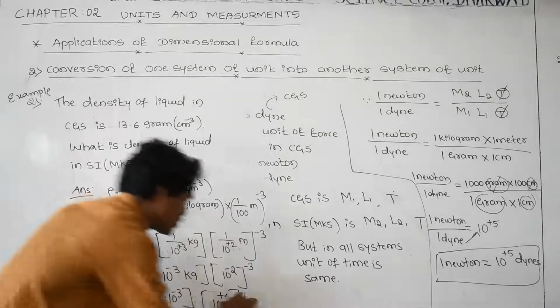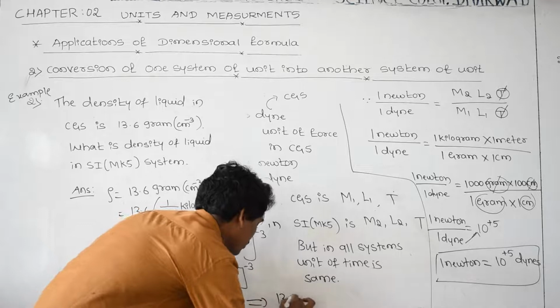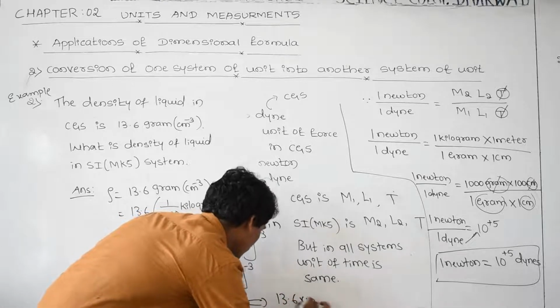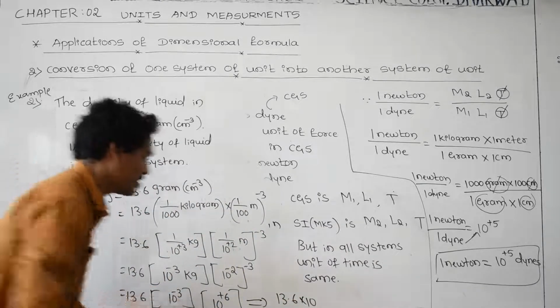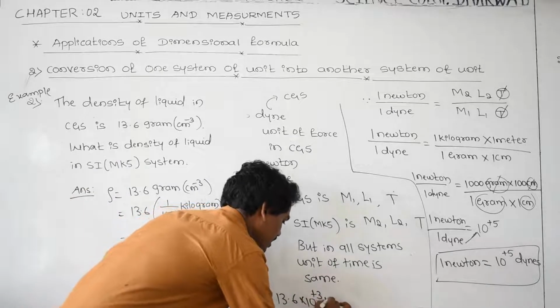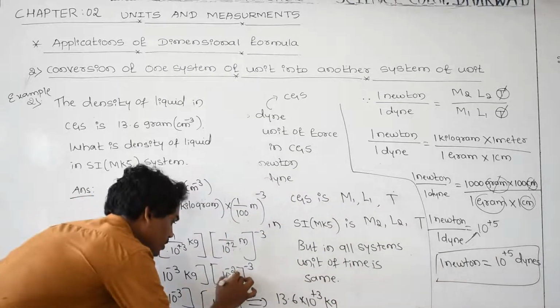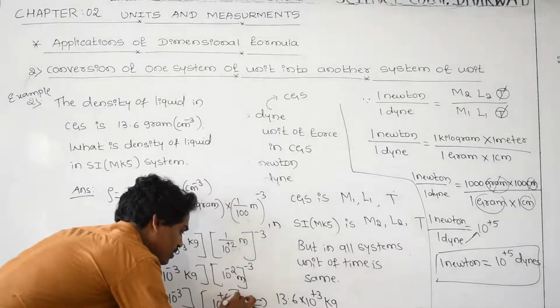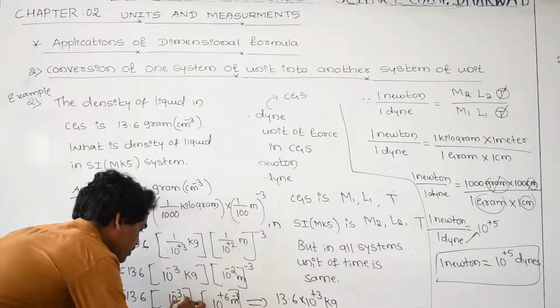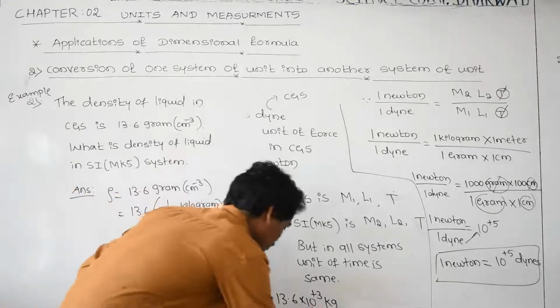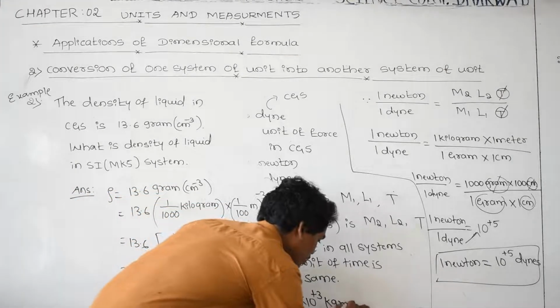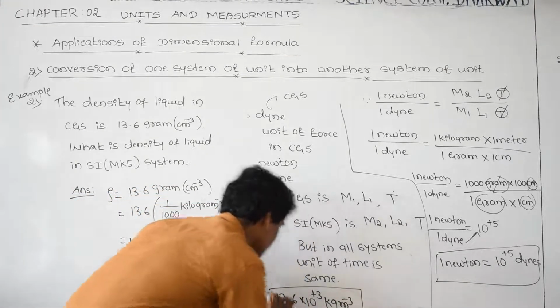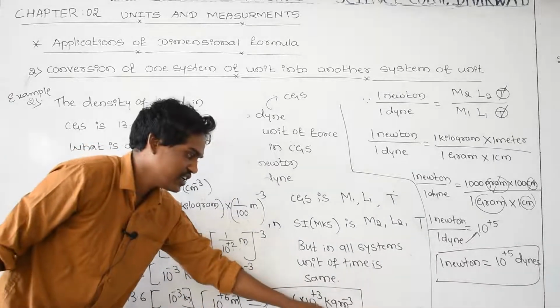Then what is the answer? Answer is 13.6 into 10 to the power of plus 3 minus 3, then this is plus 3 kg. This is m raised to minus 3, kg as it is. This is the density of the liquid in kg per meter cube.